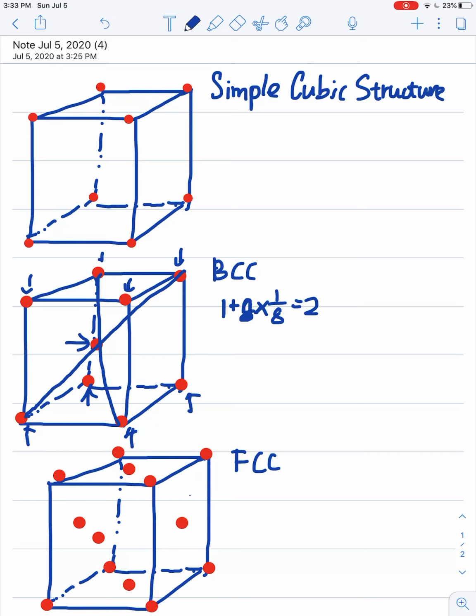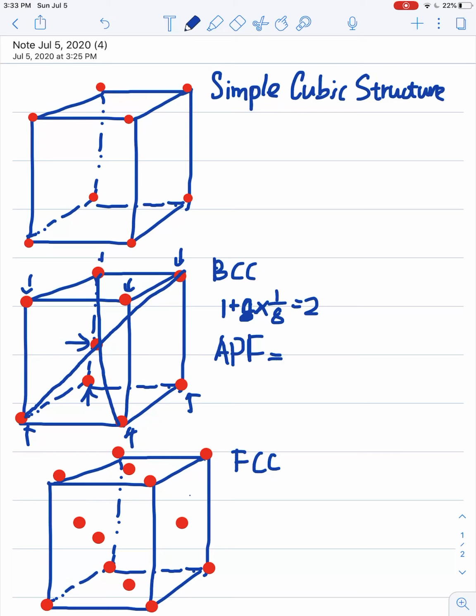And if we look at our APF, what's the APF going to be? As we learned previously, APF equals the volume of all the atoms inside of a unit cell versus the total volume of the unit cell.